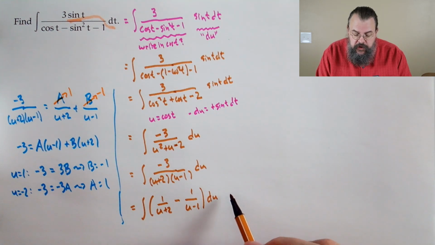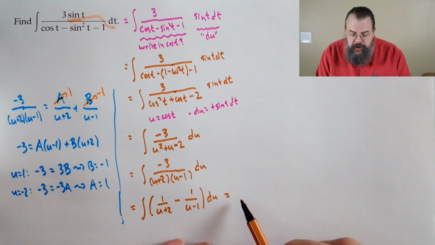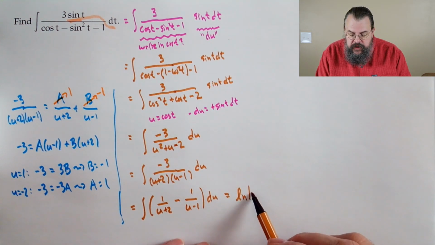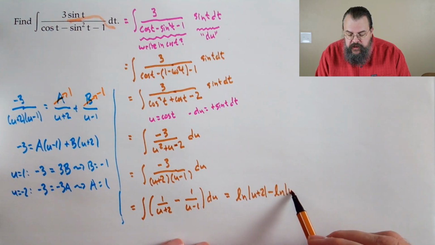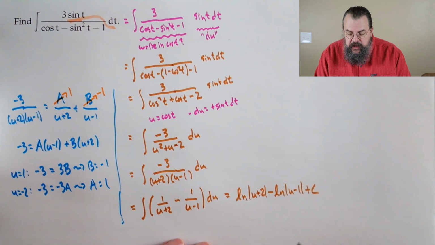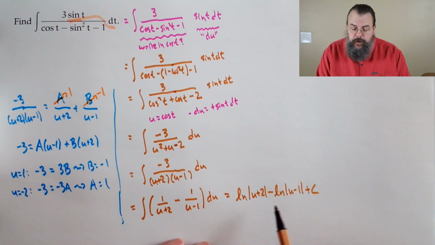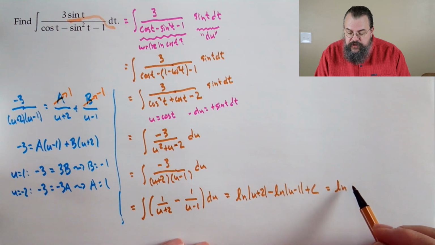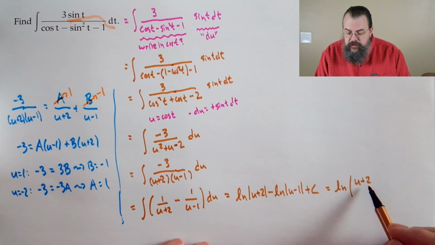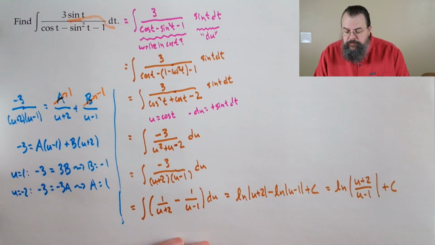Easy parts to integrate. That's the natural log of u plus 2 minus the natural log of u minus 1 plus C. Even if we wanted to, we could combine them together: the natural log of u plus 2 over u minus 1 plus C.